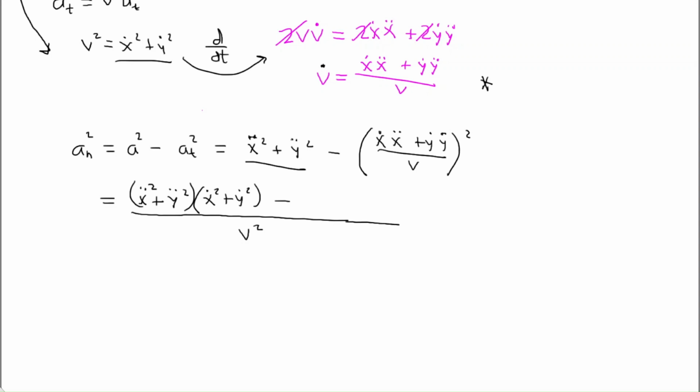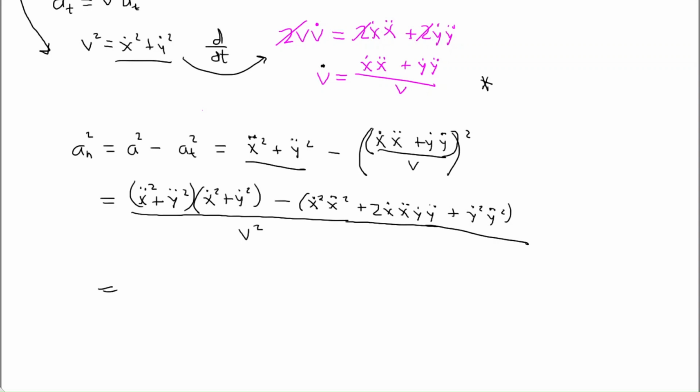Otherwise I'm just going to multiply out the binomial in that numerator. x dot squared, x double dot squared plus 2x dot, x double dot, y dot, y double dot plus y dot squared, y double dot squared.